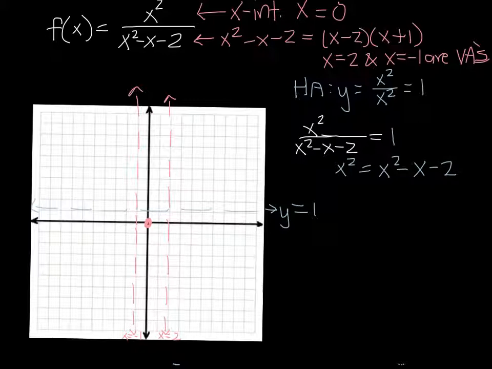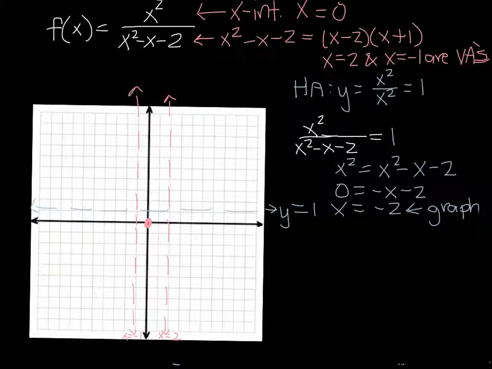And then if we solve, we can take away an x squared from both sides to get that 0 is equal to negative x minus 2. Adding x to both sides, we see that x is equal to negative 2. This is where the graph crosses the horizontal asymptote. So when x is equal to negative 2, it's going to cross the asymptote.